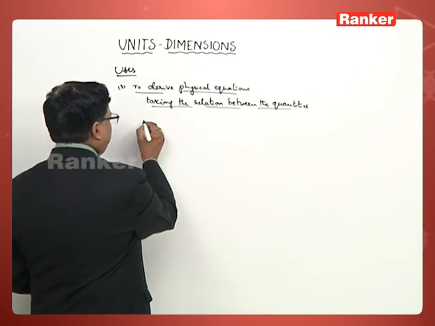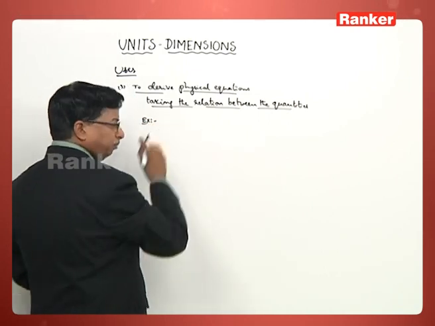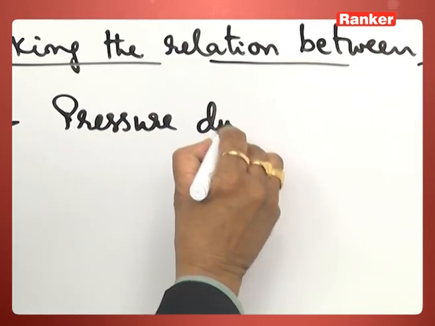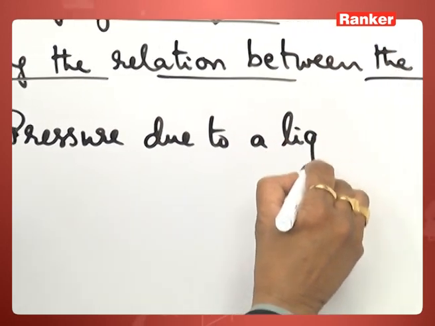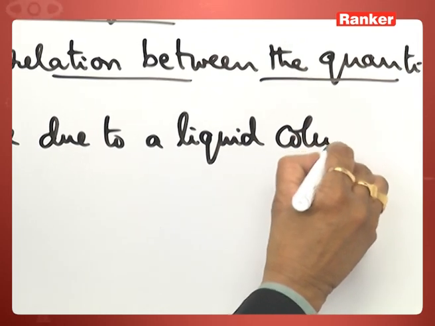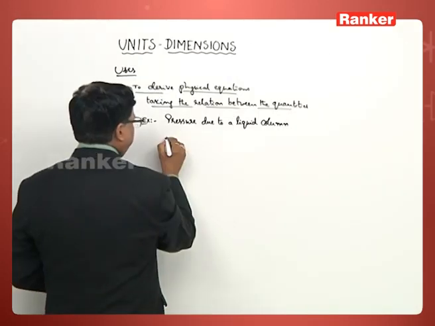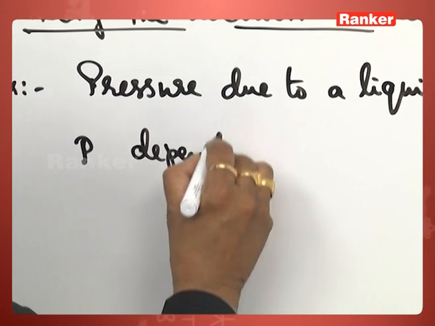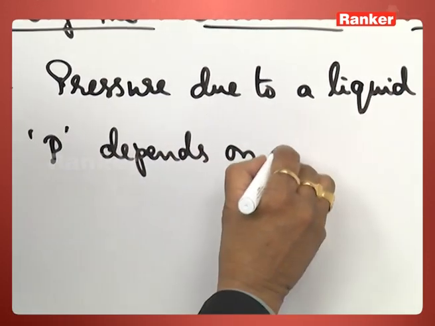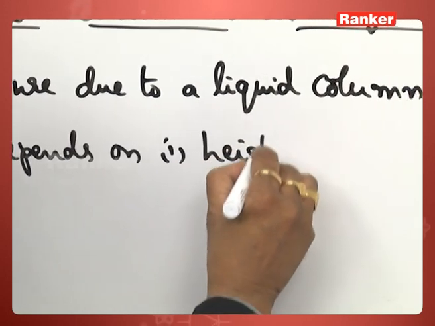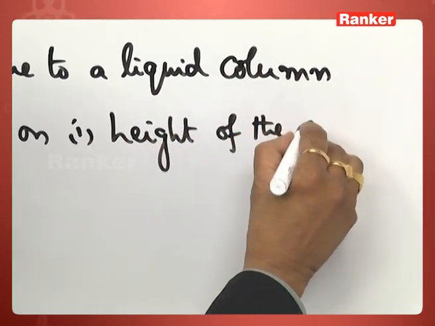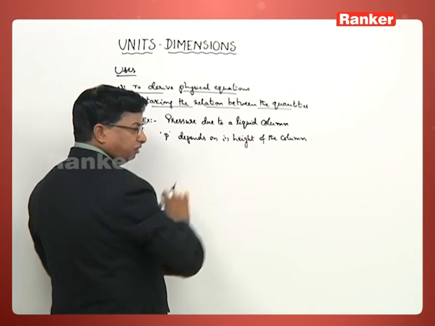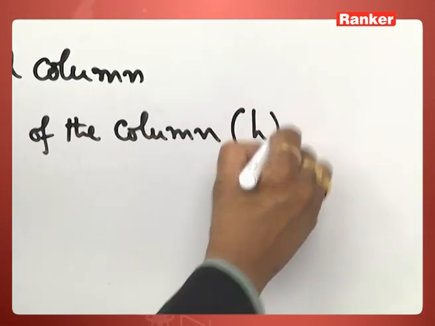The question will be given, say for example, this way: pressure due to a liquid column, I take it as P. It depends on the very first one, height of the column, whichever liquid we are considering, its height, that of course we can take as h.